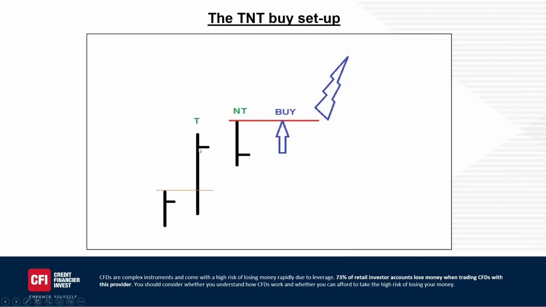So the buyers are in control. We've had a little correction. And now as the market is breaking through this red line, the high of the non-thrust bar, it looks like, and there's no guarantees obviously, but it looks to me like the market is resuming its uptrend.